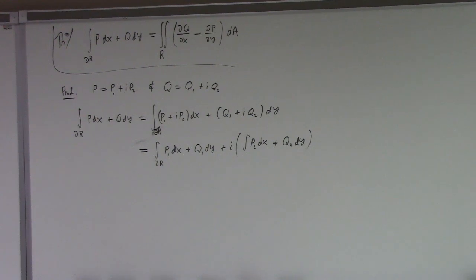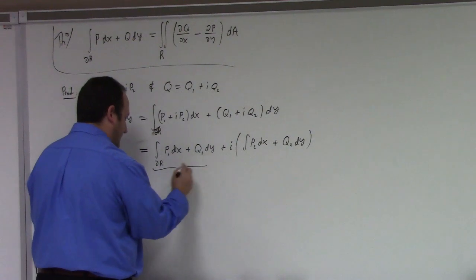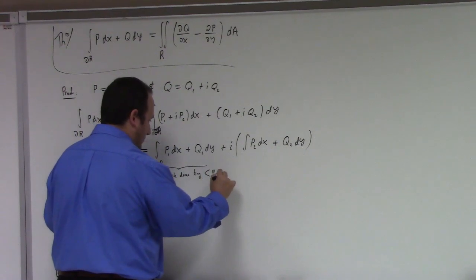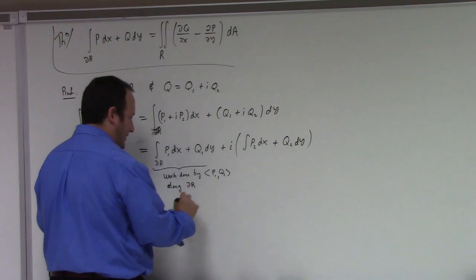All right? And then what we can do is apply Green's theorem separately to both of those line integrals, which are just plain old real line integrals. Right? This is the work done by what? If you want to go back to that. Work done by P1, Q1 along the boundary of R, right?